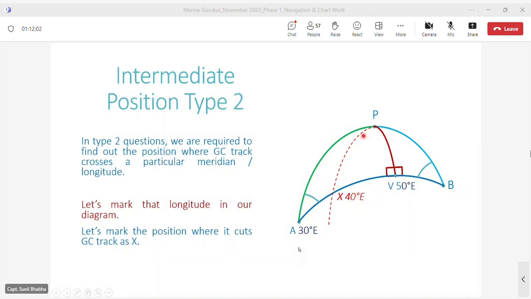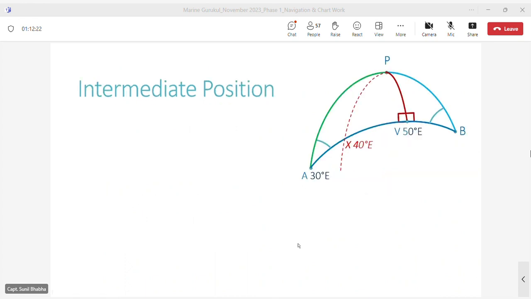So we have drawn this dotted line representing 40 degree east meridian, and let's assume that this particular point is X, and we have to now find out what is the position of this point X. Now we will again apply the Napier's rule, in this case to the triangle Papa Victor X-ray.